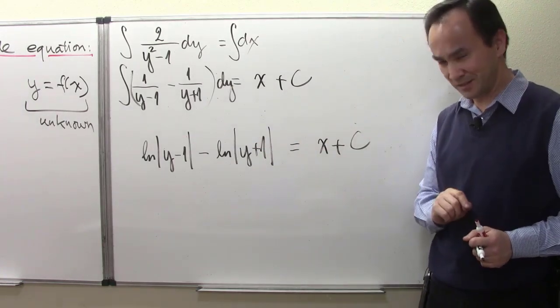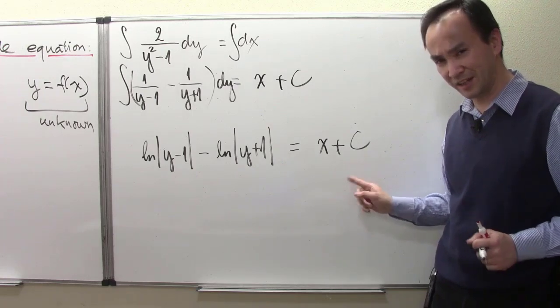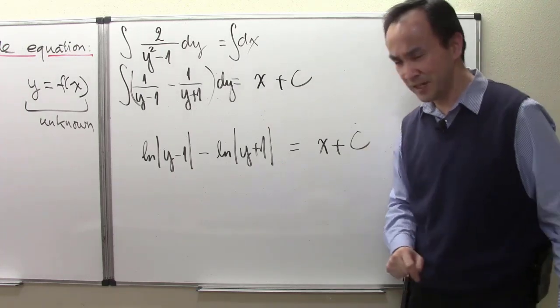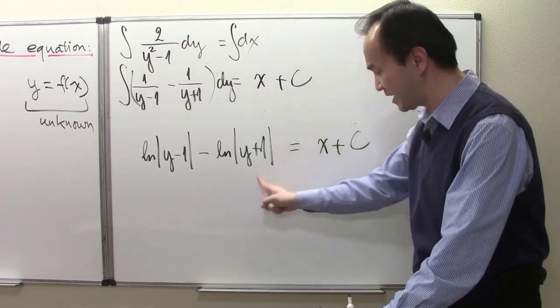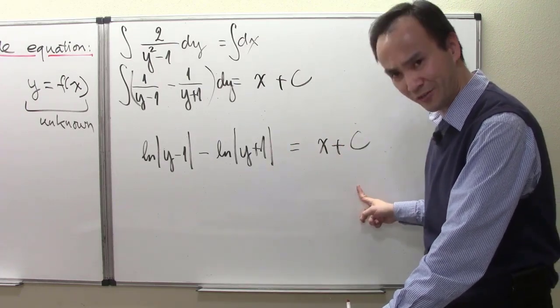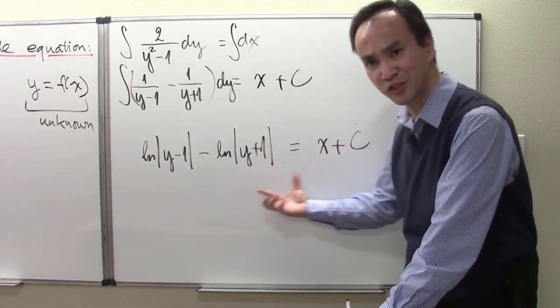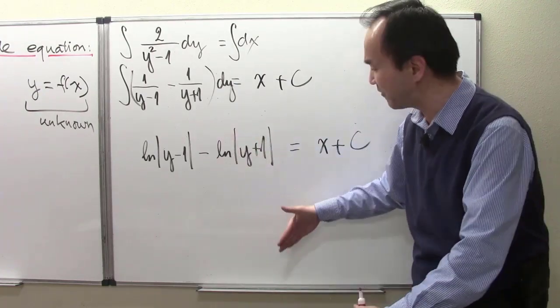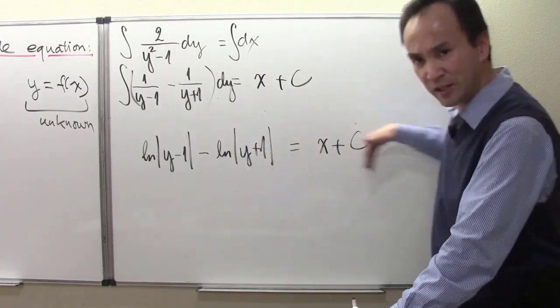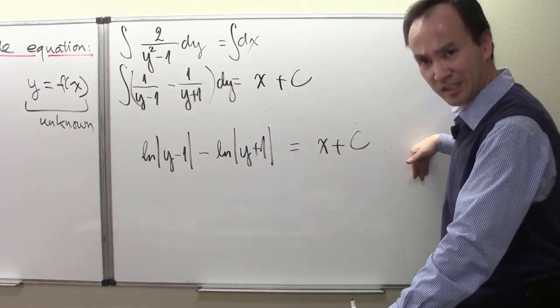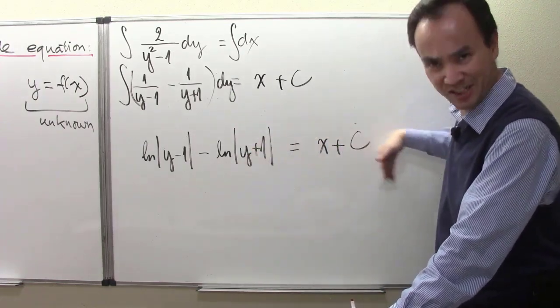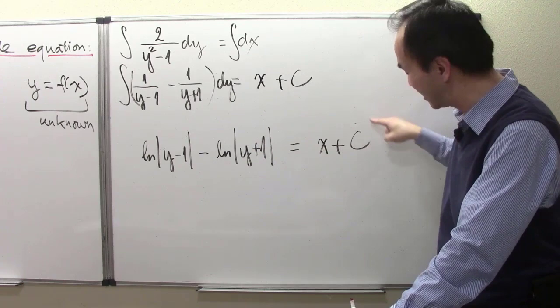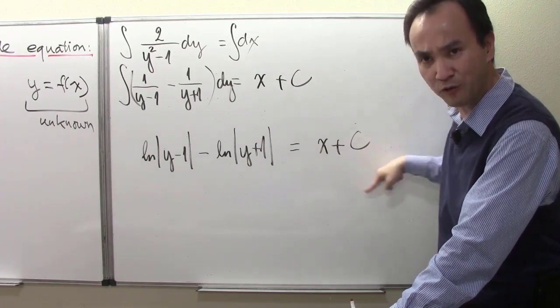So here's the thing, let me clarify the plus c here. Technically speaking, you need a plus c on the left hand side and a plus c on the right hand side, but in the end those are just two constant terms on the two sides. So why don't we save ourselves some effort by bringing all the constant term c's to one side and combining them into one overall constant c.